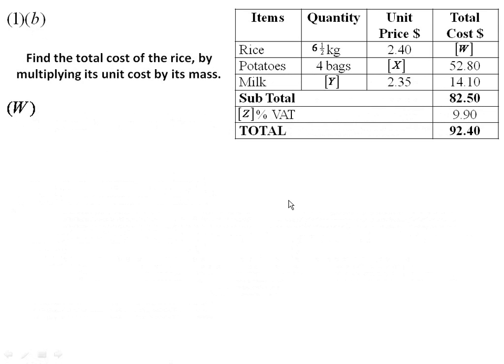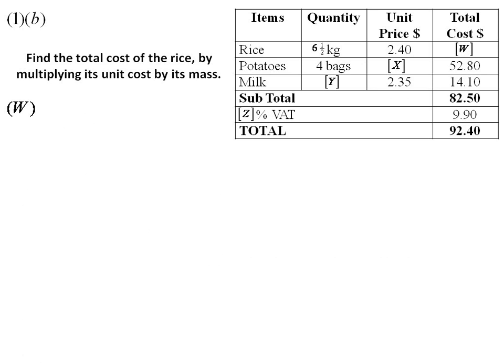Find the total cost of the rice by multiplying its unit cost by its mass. Right, so if we need to find the total cost of the rice, which is W, what do we need to do?